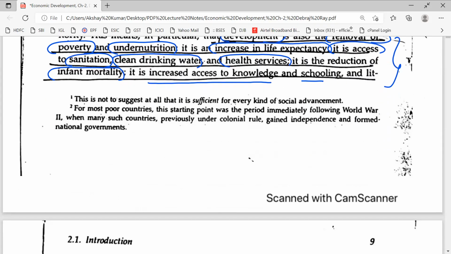Now, even though an economy is performing very well in terms of the monetary measures like income or per capita GNP, but if the social indicators are performing poorly, we cannot say that that economy is developed.